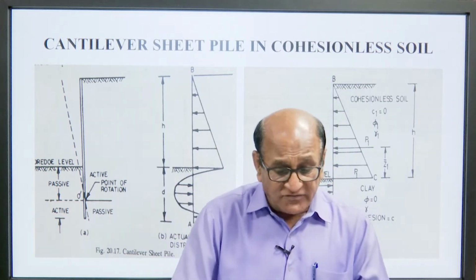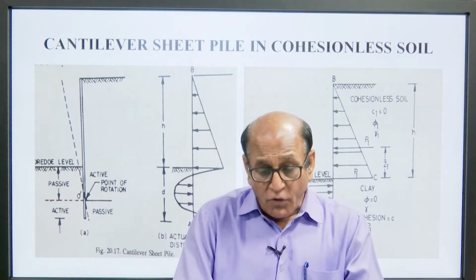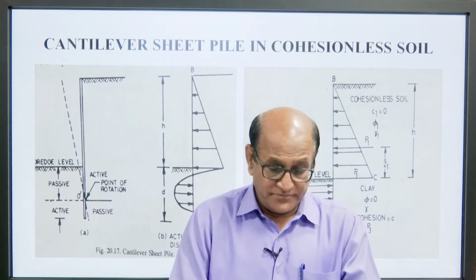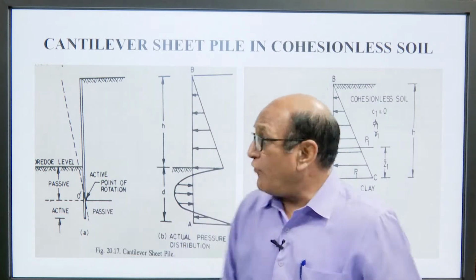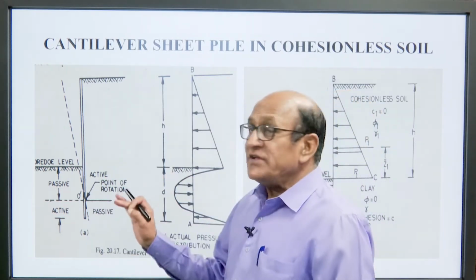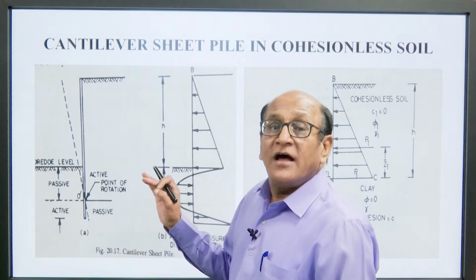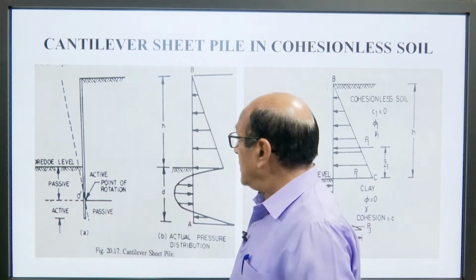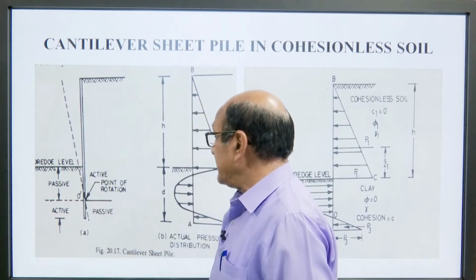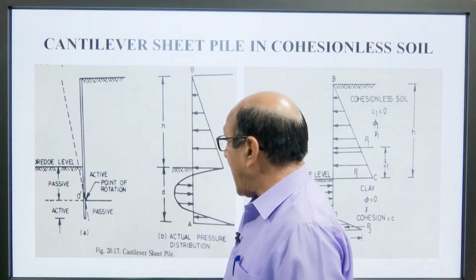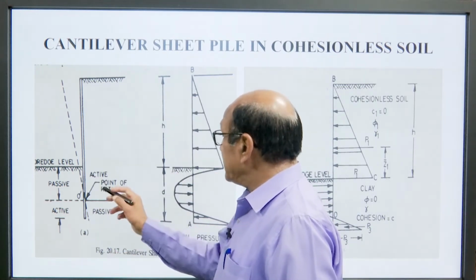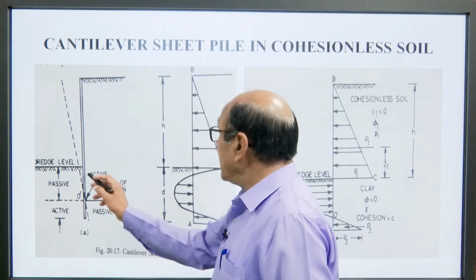Now, come to the next one, cantilever sheet pile in cohesionless soil. We can see here again, because it is cohesionless soil, the sheet will behave this way. This is the dredge line, these are the passive forces acting on the sheet, and this is the active pressure acting on the sheet.